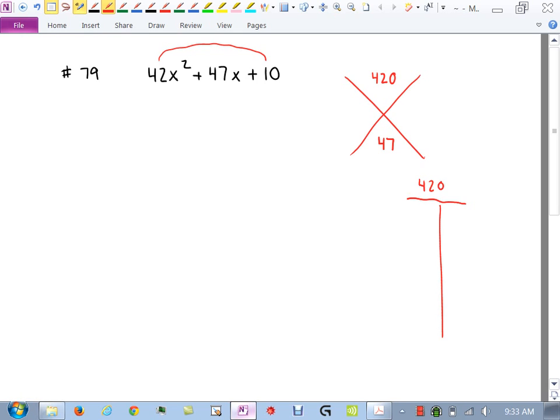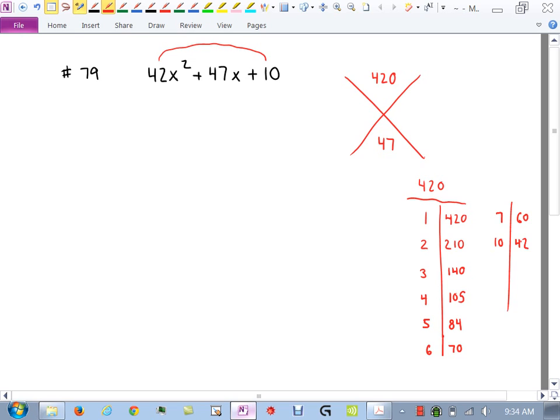For 420, 1 and 420, not even close, right? 2 and 210, not close. 3 and 140, right? 4 and 105, we're getting closer. 5 and 84, 6 and 70, 7 and 60, 10 and 42, 12 and 35.